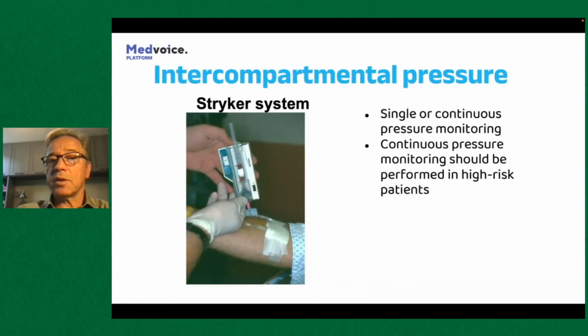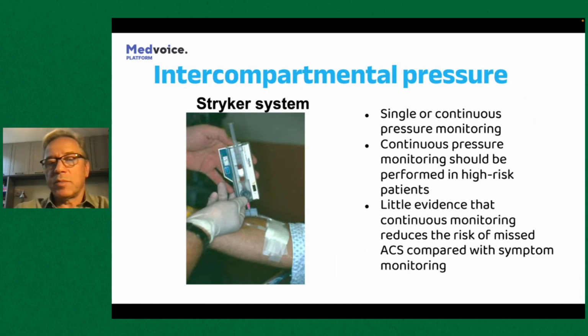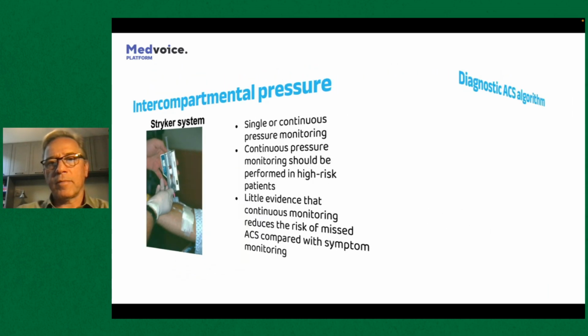Also, we can measure intracompartmental pressure with single or continuous pressure monitoring. It needs to be done in high-risk patients with comorbidities like hemophilia, vascular injuries, and open fractures, although little evidence exists that continuous monitoring reduces the risk of this syndrome compared with symptom monitoring.